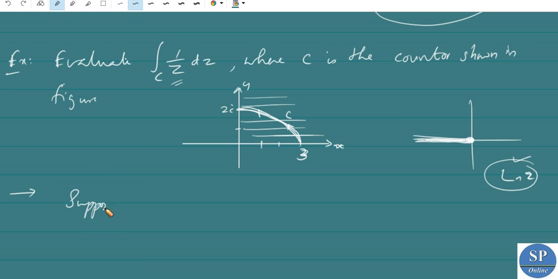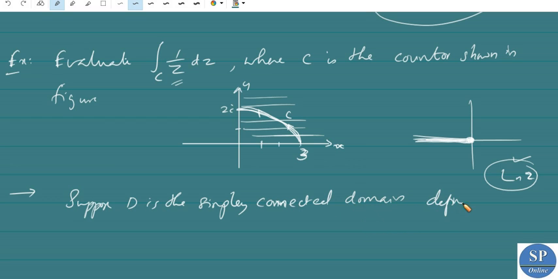Suppose D is the simply connected domain defined by x greater than 0, where x is the real part of z, and y greater than 0, where y is the imaginary part of z.